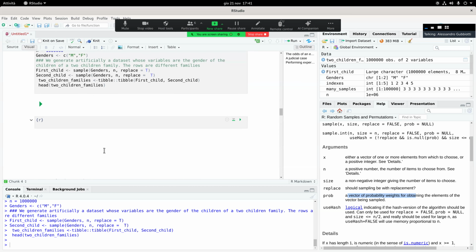So let's take these 2 children families and choose the ones for which either the first child is equal to male, or, which is written with a vertical bar, the second child is a male. Let's check if it is correct.